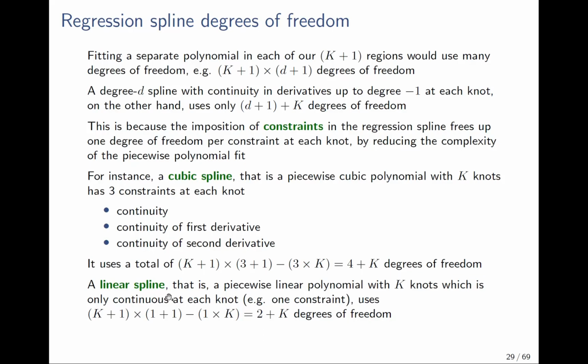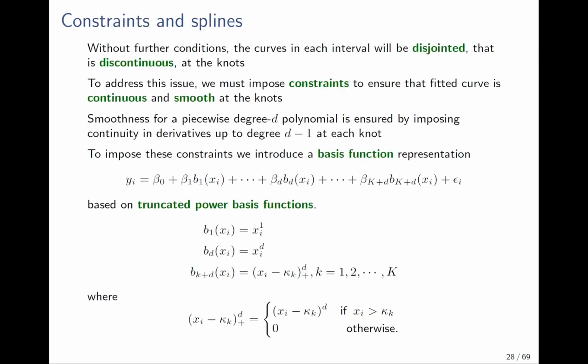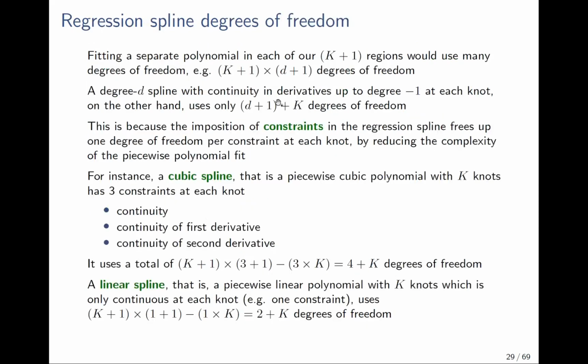If we had a linear spline, that's a piecewise linear polynomial with k knots, which is only continuous at each knot, so its derivatives aren't continuous, it's just the function itself that's continuous. Then that would use k plus 1 intervals times 2 parameters, beta naught plus beta 1, minus k constraints equals 2 plus k degrees of freedom. So constraining splines is not just useful, it's crucial, because it connects them, it gives smoothness and it reduces degrees of freedom.